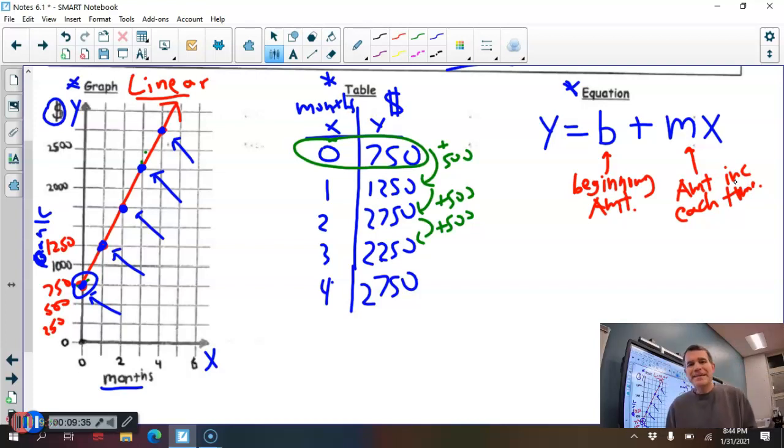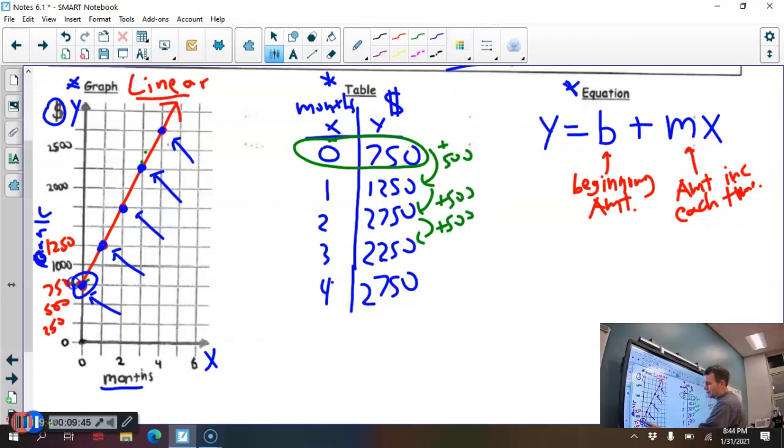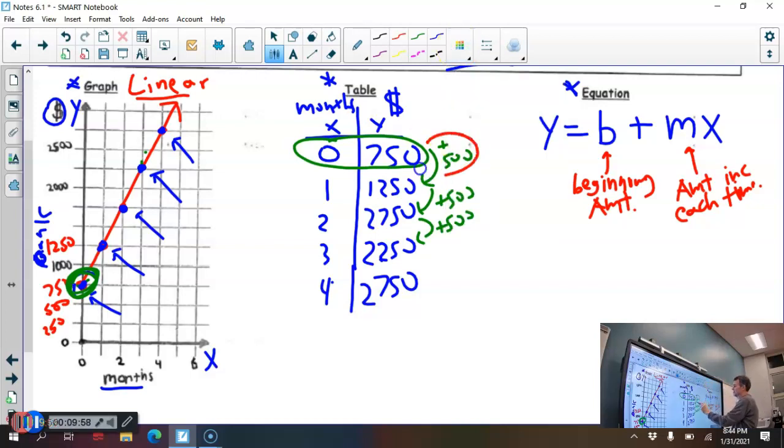And so if you know the beginning amount and you know the amount of increase, like we do in this situation, right? The beginning amount, let's go back to green. The beginning amount was right here. It was $750. And I was going up by, let's put this in red, I was increasing by $500 each time.